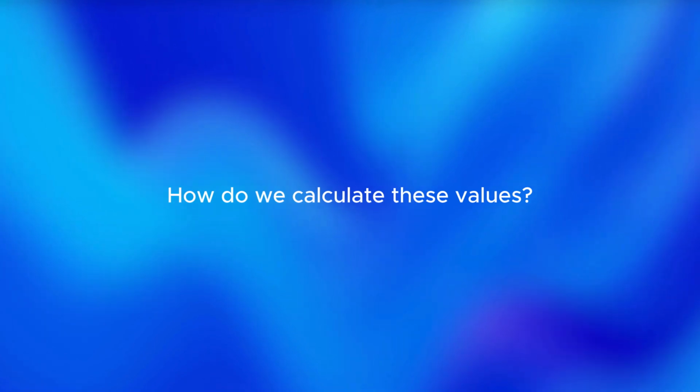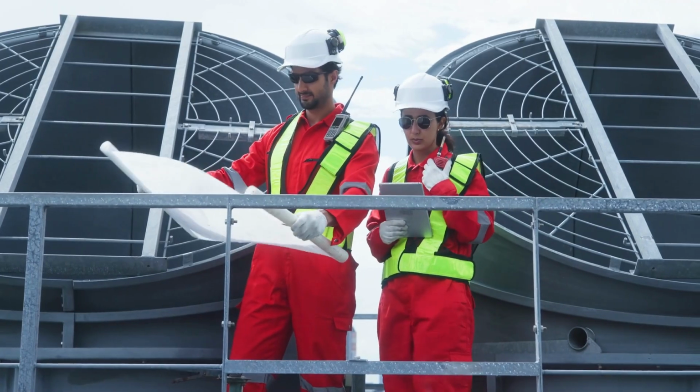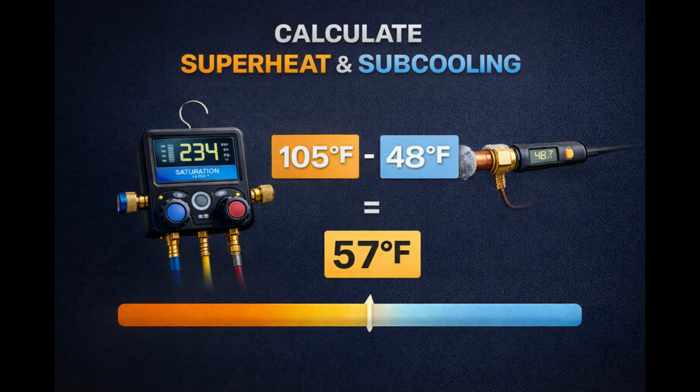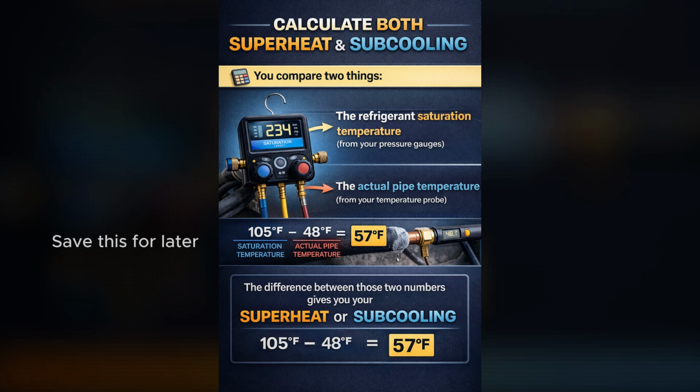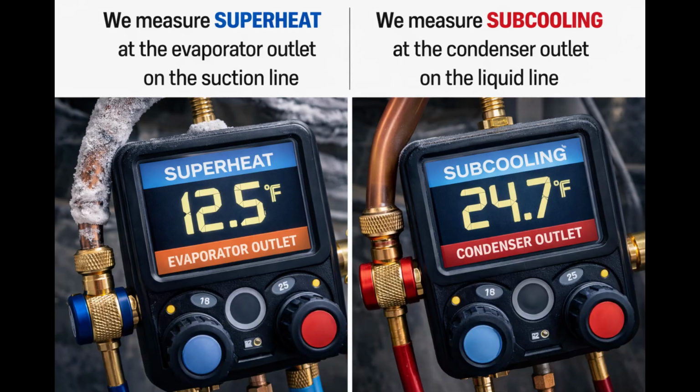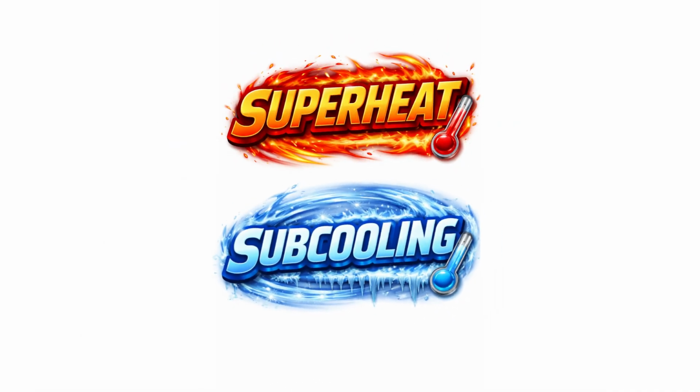To calculate both, you have to compare these two things: the refrigerant saturation temperature, which is from your pressure gauge, and the actual pipe temperature, which is from your temperature probe. The difference between these two numbers gives you your superheat or subcooling.